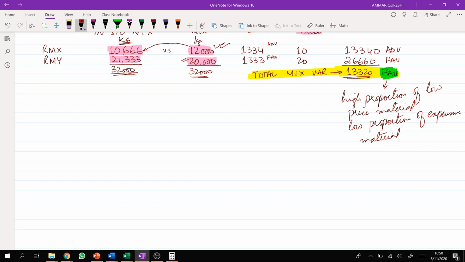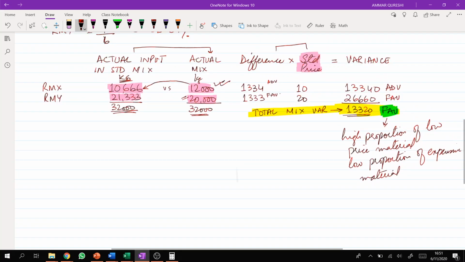That's why we usually don't recommend it, unless the quality remains the same or acceptable for the customer. Only then we recommend it. If changing the mix of raw material compromises quality, we prefer not to recommend that. So this is basically the mix variance.